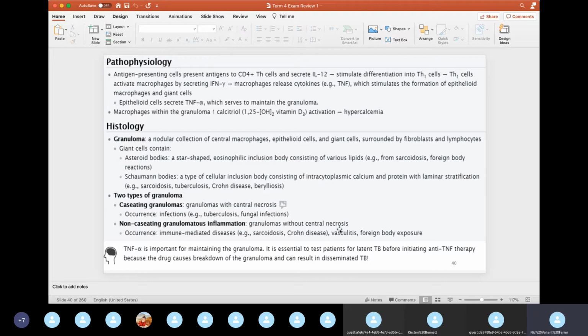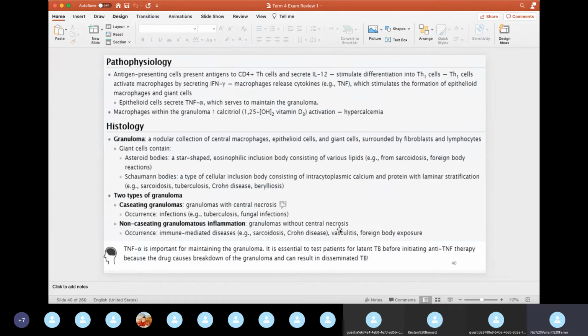The macrophages then secrete your favorite again, TNF, tumor necrosis factor, which causes the formation of epithelioid macrophages and giant cells. So if I give you an anti-TNF alpha drug, what happens to the granuloma?